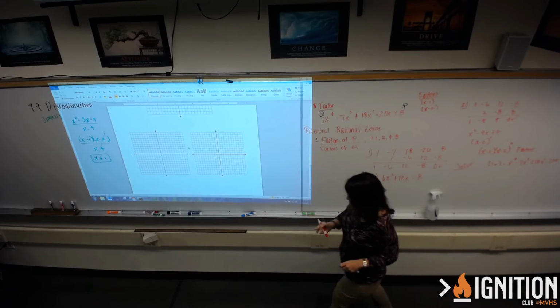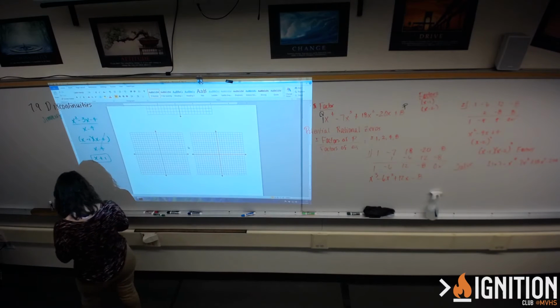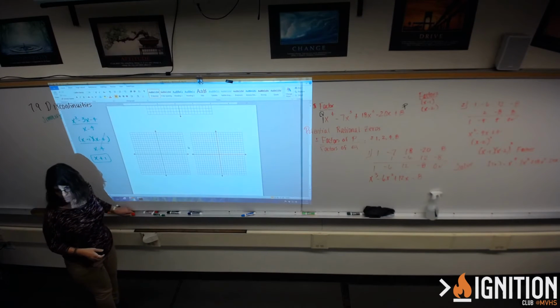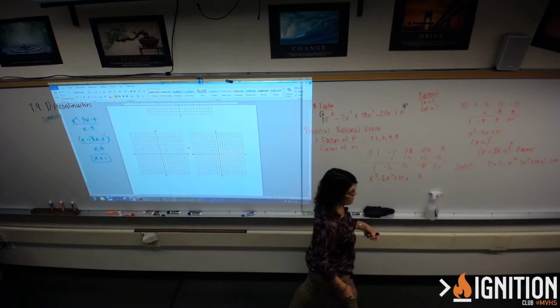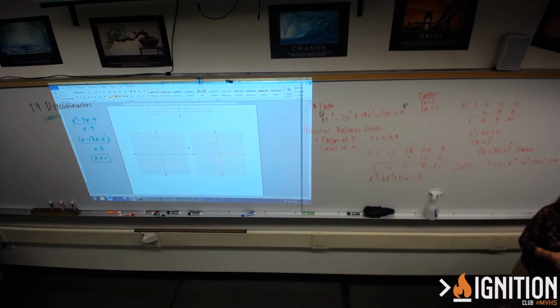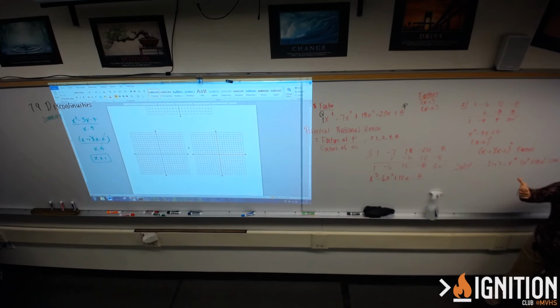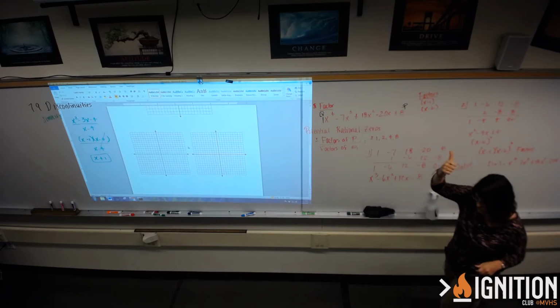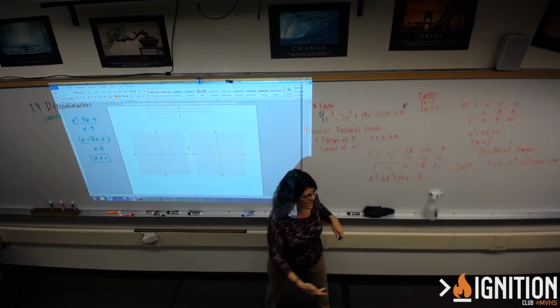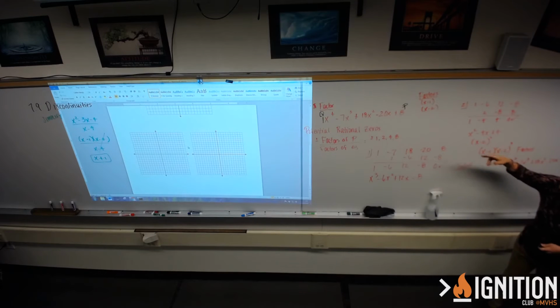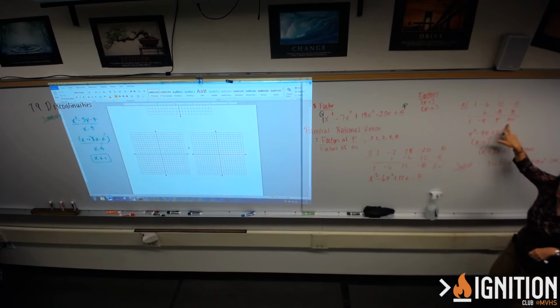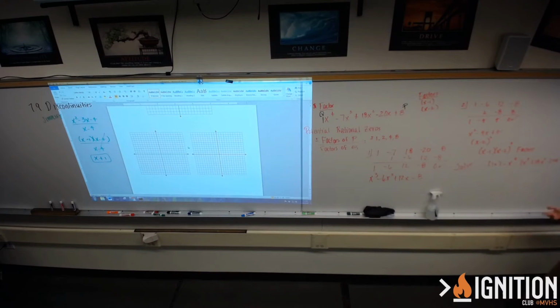So now what if I ask you to solve it? Zeros, intercepts, solutions. Solve the zeros, the intercepts, the solutions. And I believe I said 1 is a 0 of the function. Or is it? 2 is a 0 of the function. Yes. What are the zeros of this function?